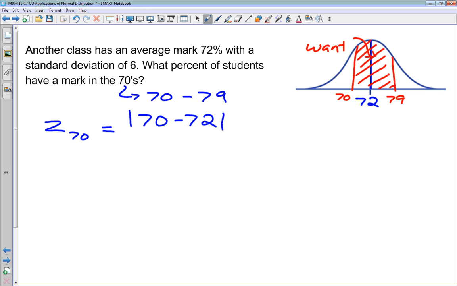We take the absolute value, and we divide by the standard deviation, 6. We punch this into our calculator, 0.33 sigma, so 0.33 standard deviations, and 70 is below the mean.